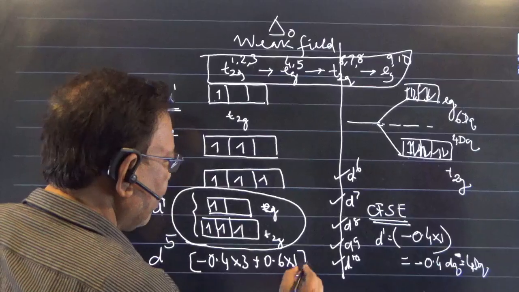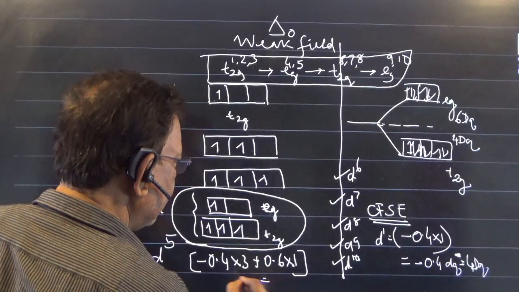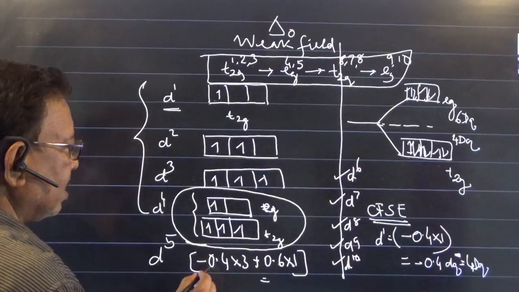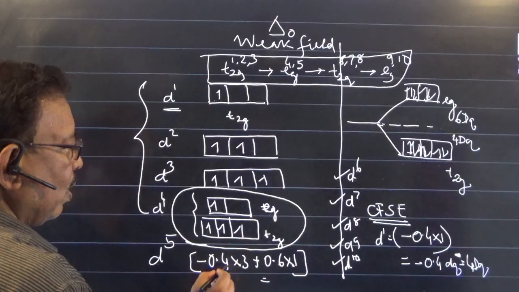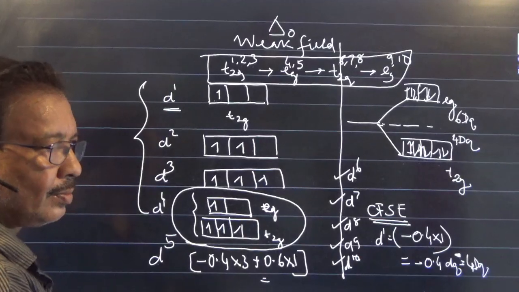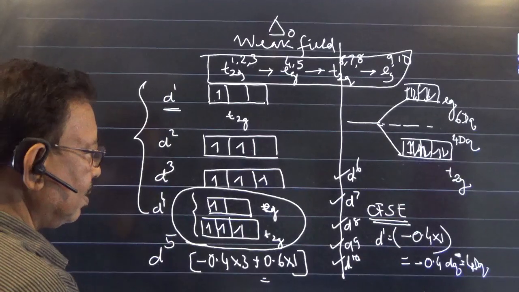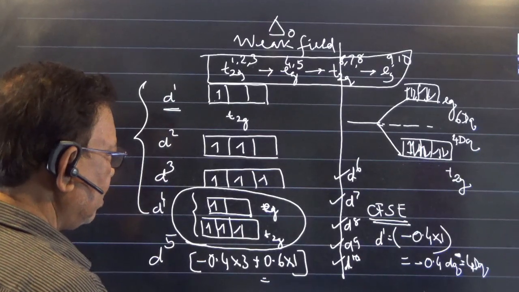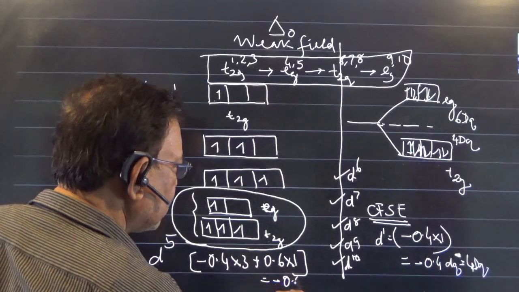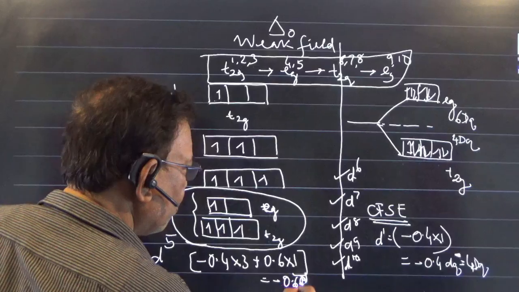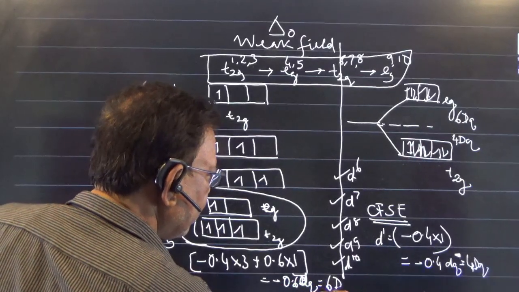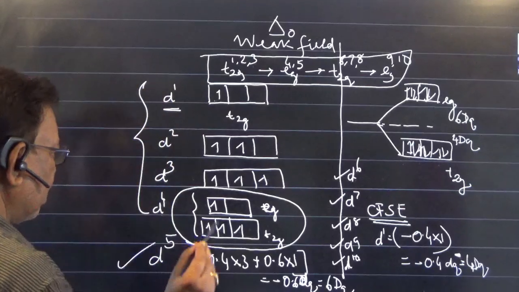So this is your minus 1.2, this is 0.6, how much did it come? Minus 0.6 Dq, small dq, or 6 Dq. Did you understand?